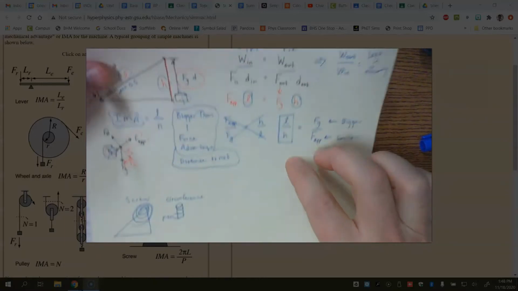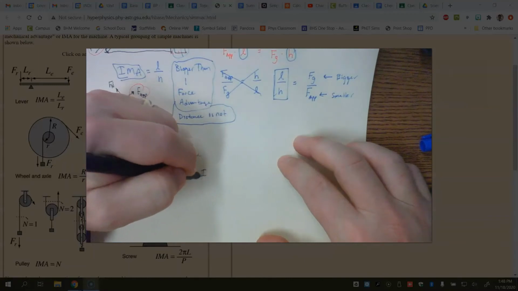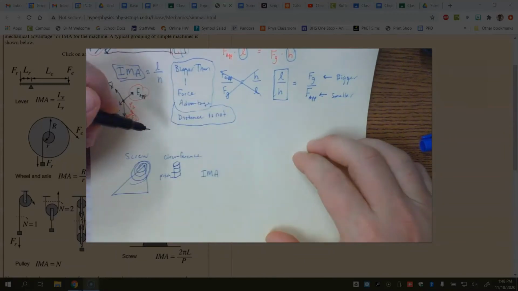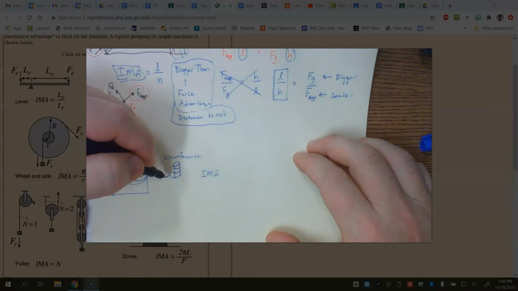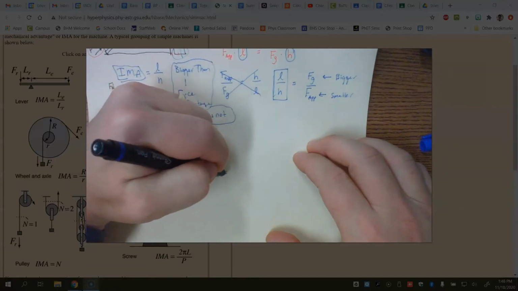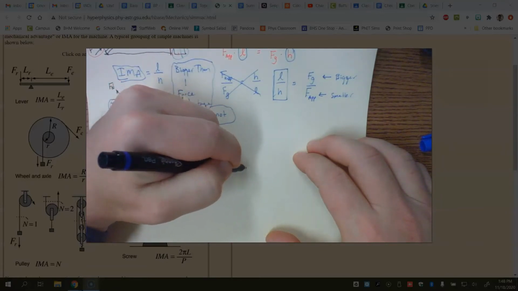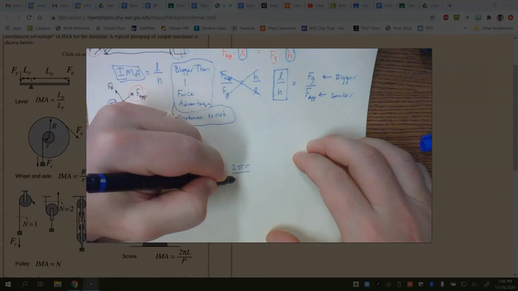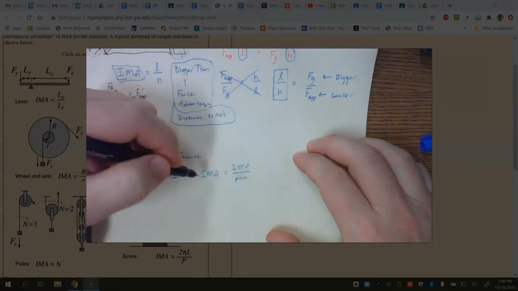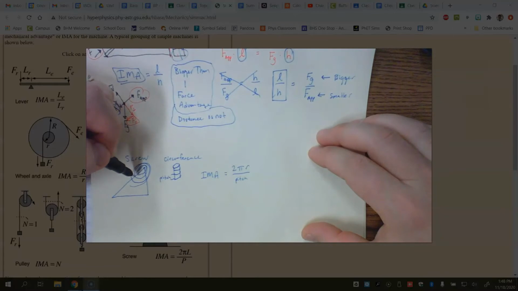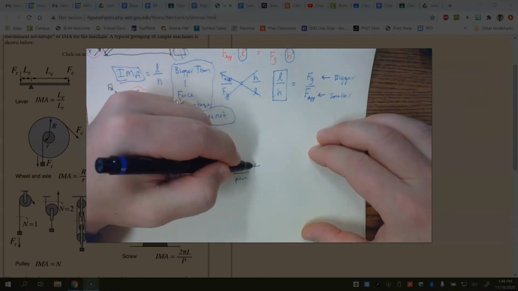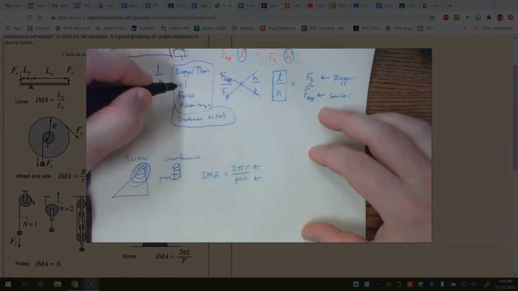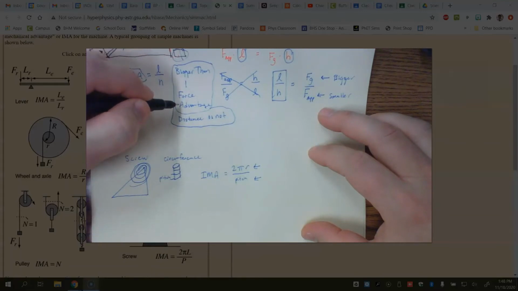So really, when we look at the ideal mechanical advantage of a screw, it's going to be the circumference divided by that pitch. And I don't remember what letter they used for pitch. I'm just going to write pitch. Okay, so we can see that in most of those cases, again, this number will be bigger than this number, so we'll have an IMA that'll be bigger than 1, which means that we're going to be at a force advantage.